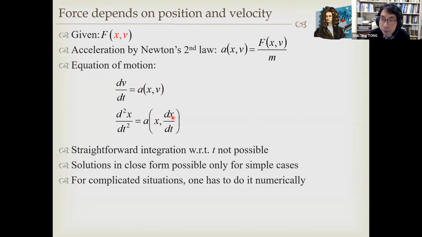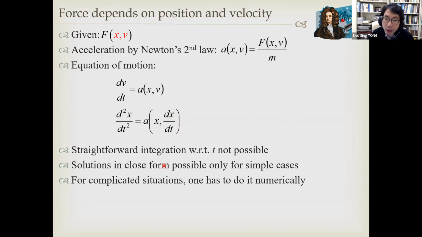And the velocity is given as dx dt. So the right-hand side can be written as a function a of x and dx dt. That results in a complicated differential equation, because we don't know how x depends on time before we solve it. So there is no way for us to integrate the right-hand side in a straightforward manner. That is the difficult problem.